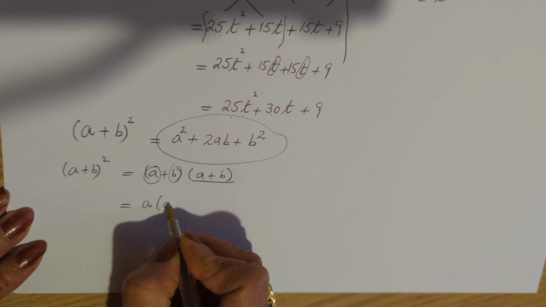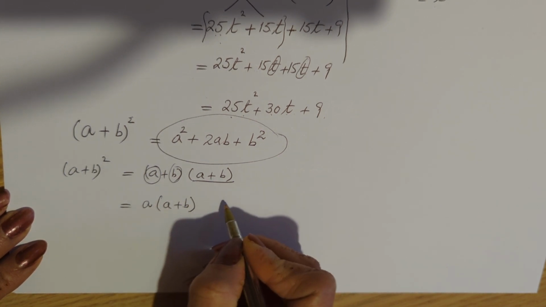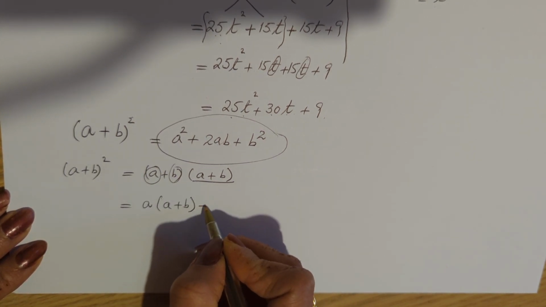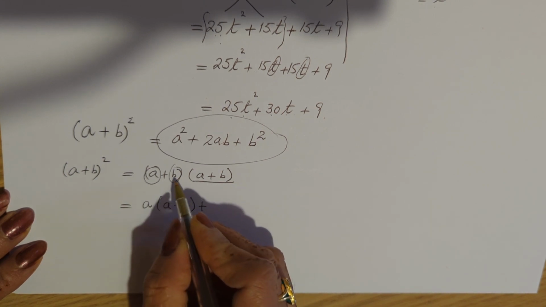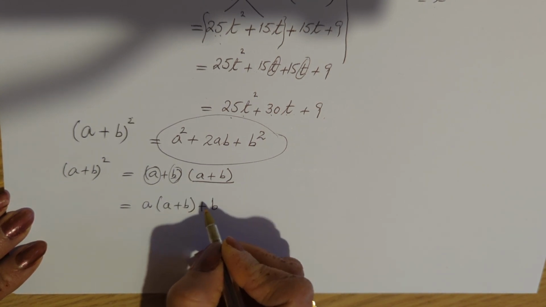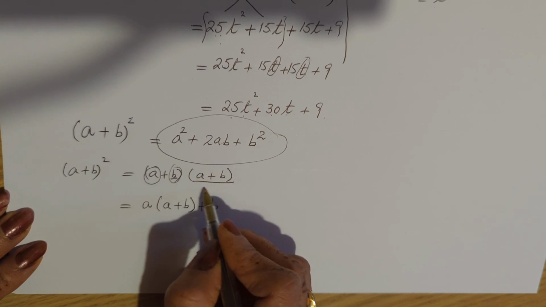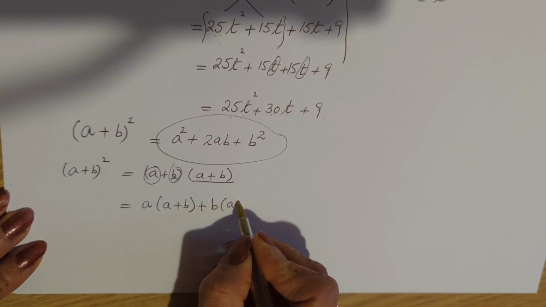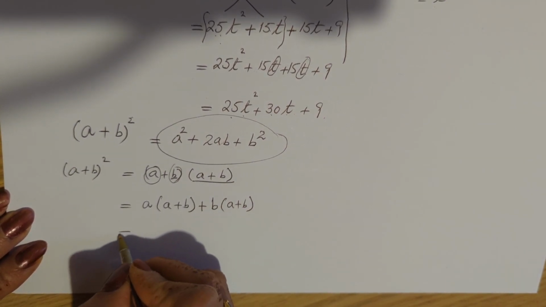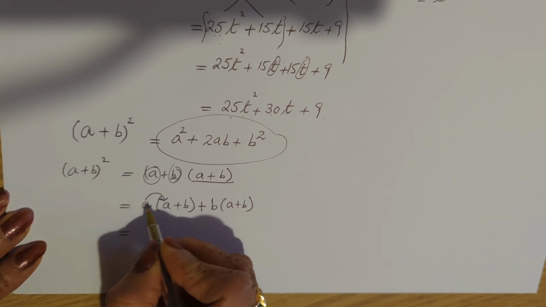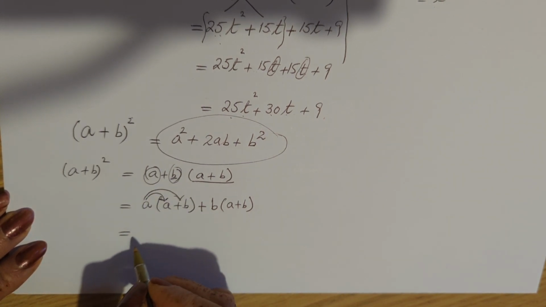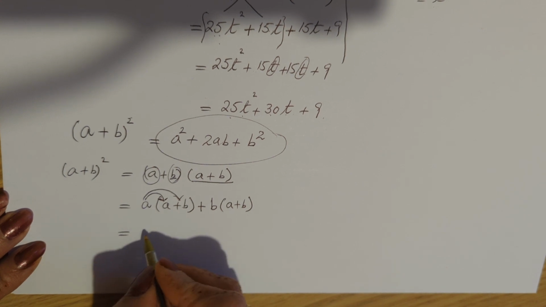So a multiplied by a plus b, all. Between them we have a plus sign, I will write here the plus sign. Then the second term is b, and this whole b will multiply by a plus b, right? After that, this a will multiply by a, and this a will multiply by b because it is outside the parenthesis.